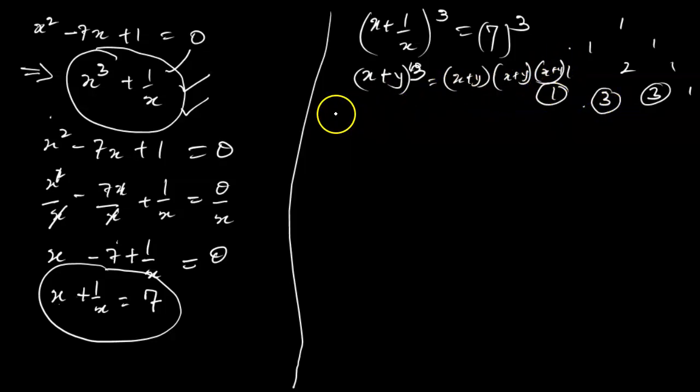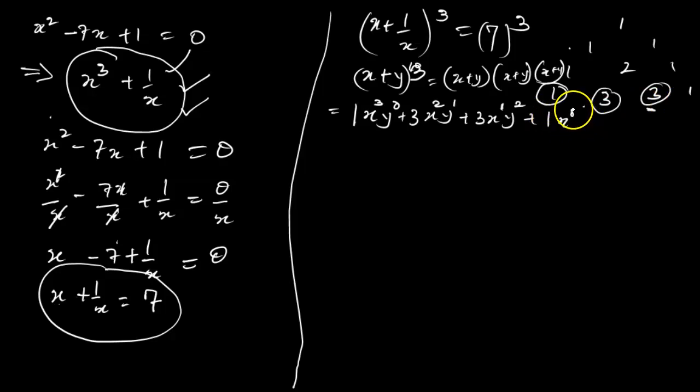This is 1, x raised to power 3, y raised to power 0, plus 3, x raised to power 2, y raised to power 1, plus 3, x raised to power 1, y raised to power 2, plus 1, x raised to power 0, y raised to power 3.